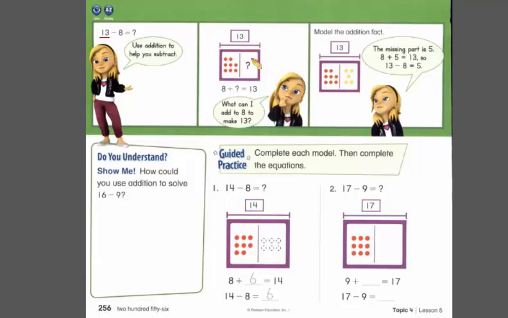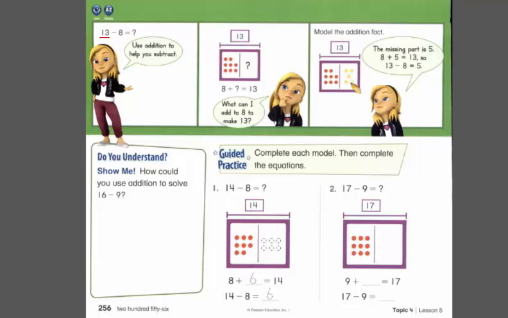Can you see the bar model? 13 minus 8 equals missing number. If I want to get the missing number, you will subtract 13 minus 8 equals how many? Can you use the related addition fact?